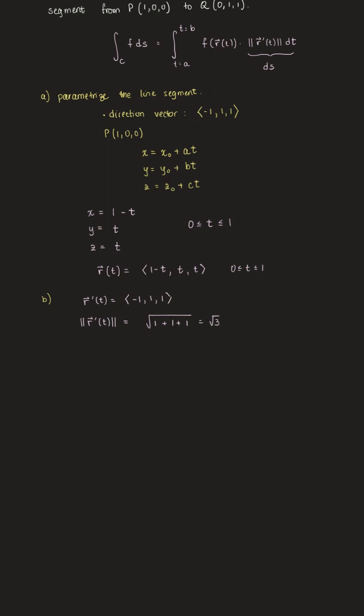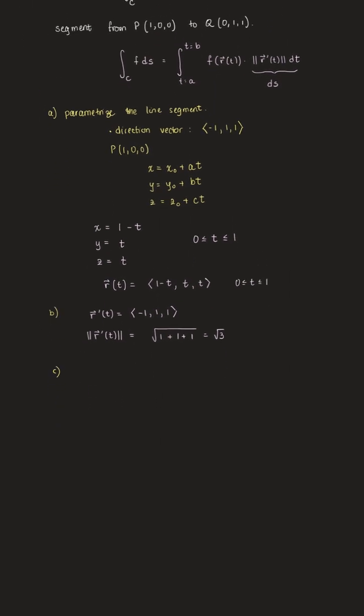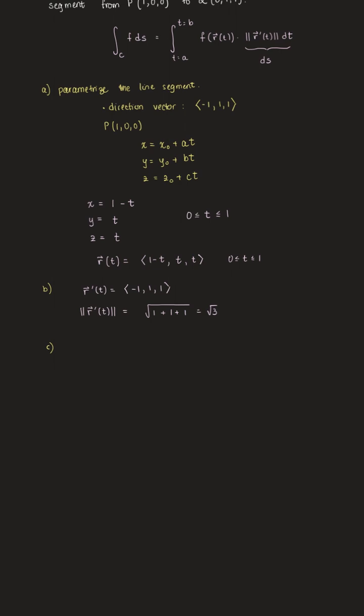Now, we will also need to evaluate our integrand function at the point on the curve. So our integrand function was, I need to look back up, xy plus 2z. So we'll write xy plus 2z in terms of t. y is t, so t times x, which is 1 minus t, plus 2 times z, which is also t.